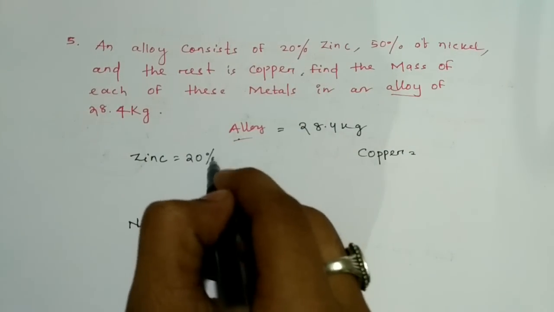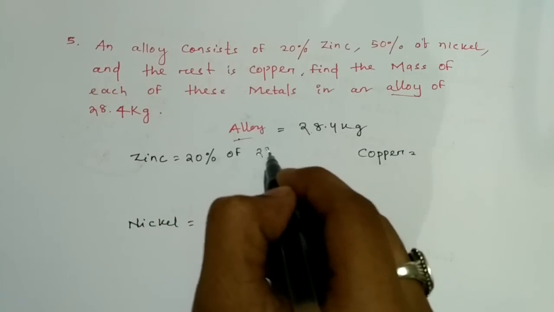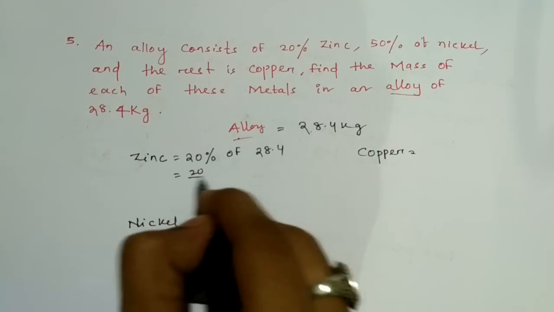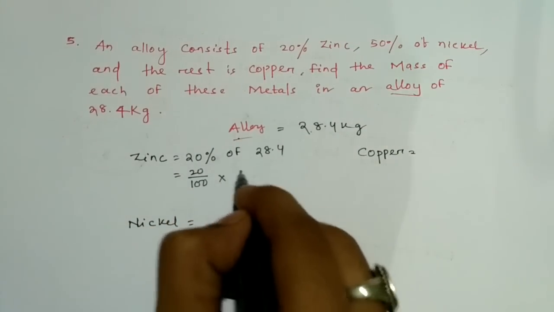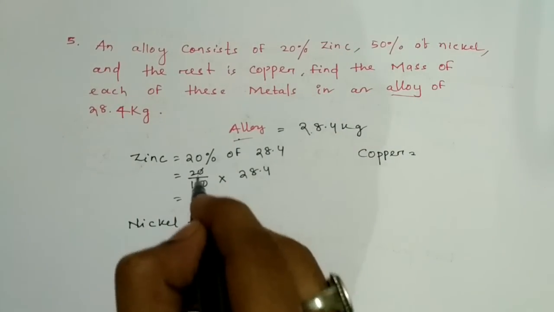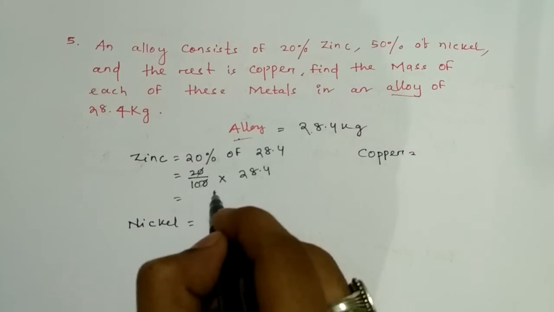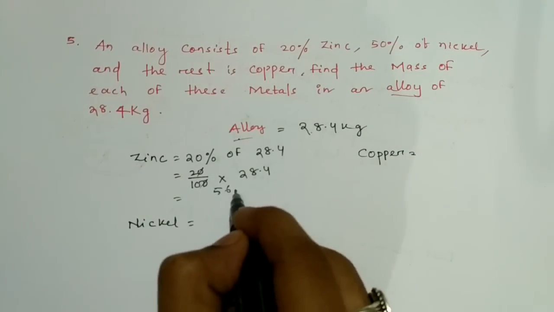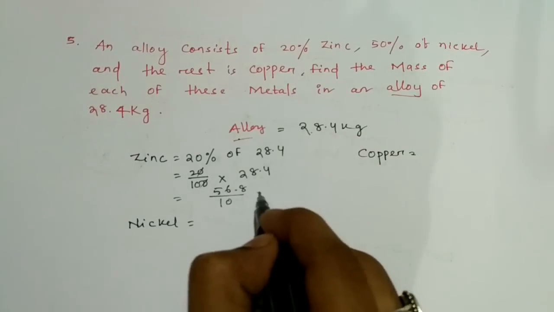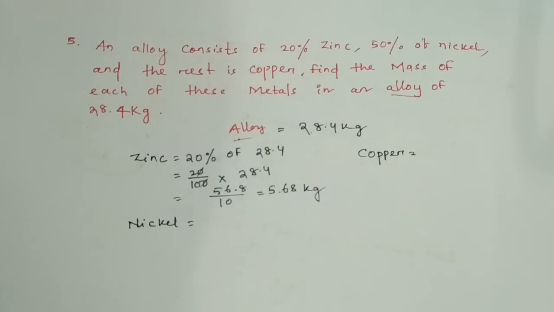So 20% of 28.4 means 20 by 100 into 28.4. If I multiply, 10 got cancelled, 2 into 28.4 is 56.8, divided by 10, that gives 5.68, and the unit is kg.